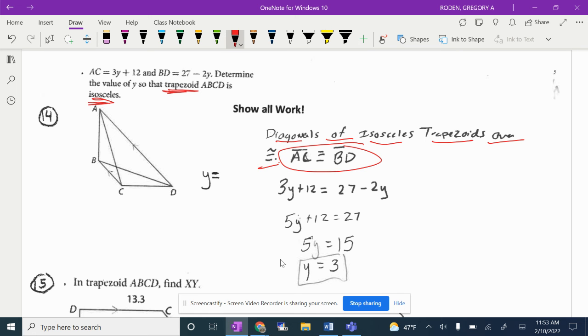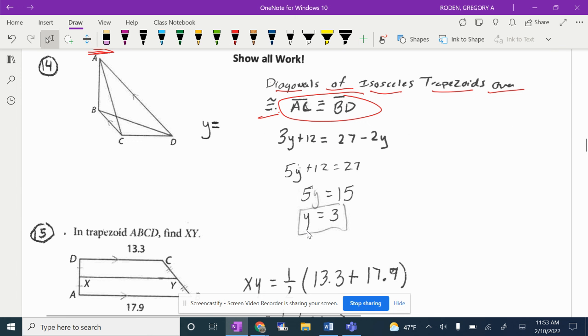We have to figure out the y value that is going to set those two equal to each other. So we put 3x plus 12 equals 27 minus 2y. We add 2y to both sides, which gives us 5y plus 12 equals 27. Then we subtract 12 from both sides, which gives us 5y equals 15. We divide by 5, and we get 3.